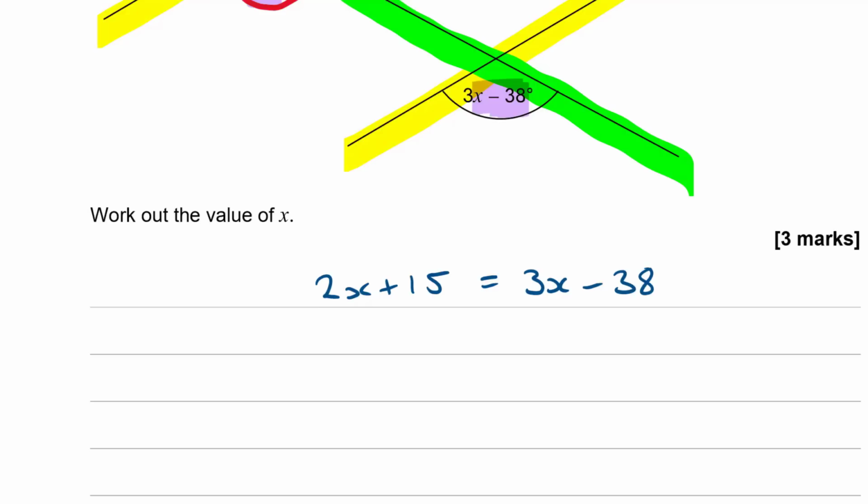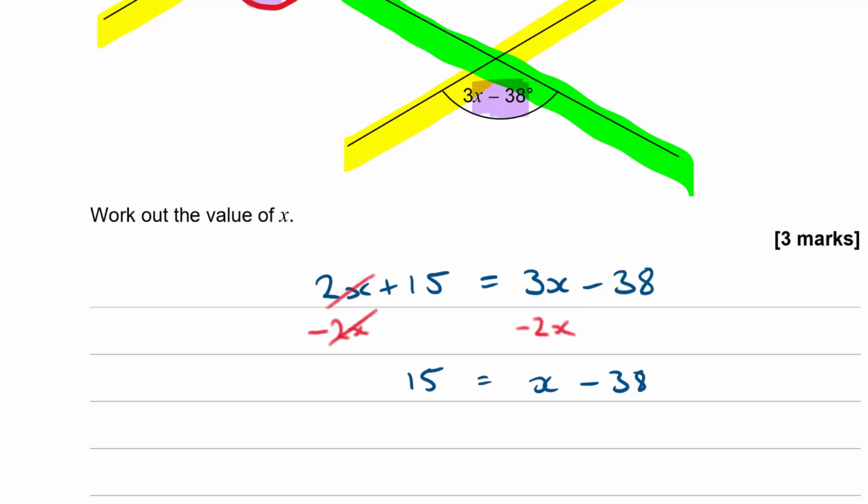Firstly, we've got x's on both sides. So let's simplify it a little bit by subtracting 2x from both sides. If I take 2x from that side, they'll disappear. If I take 2x from the other side, it's going to leave me with 15 is equal to x minus 38.